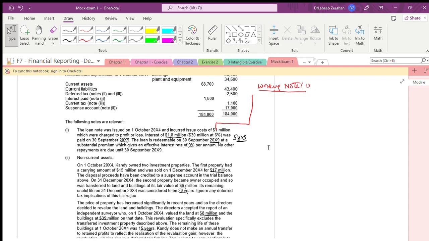Now, loan notes issue value is 30 million minus issue cost of 1 million.